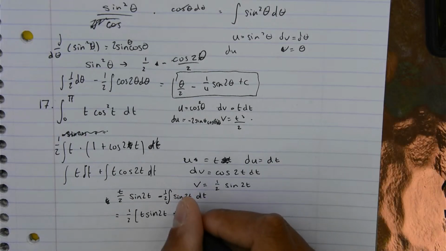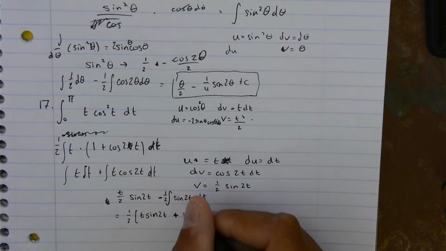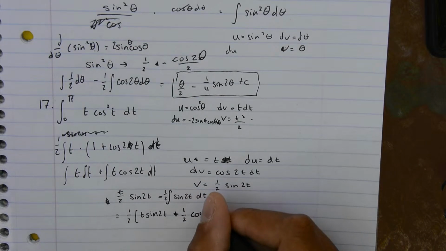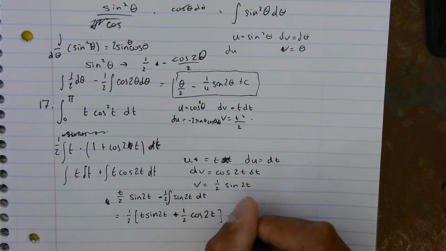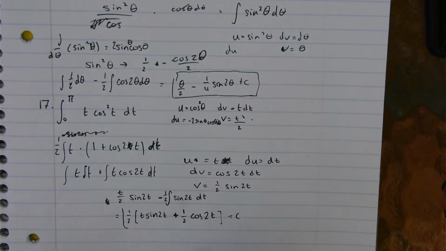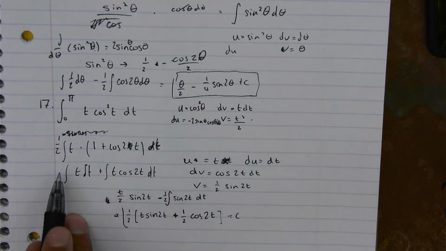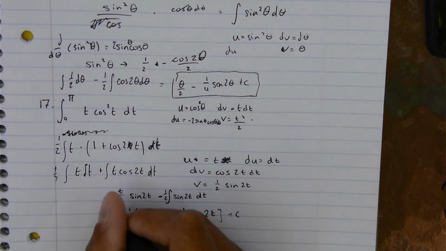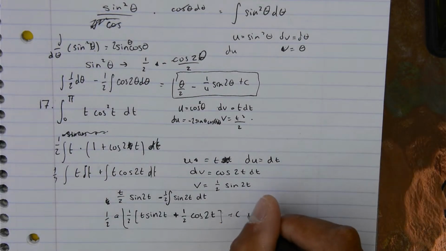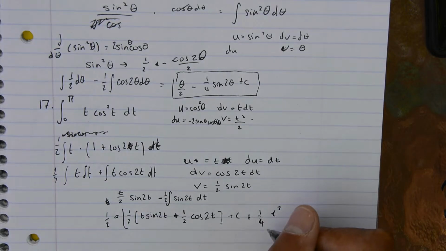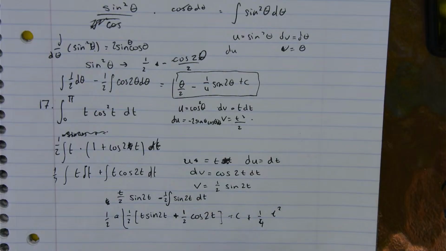This is going to be plus. So wait, but we also need, so there's still 1/2 here, so there's another 1/2 here. But then there's also a plus 1/4 t squared. All right, something like this, I think.